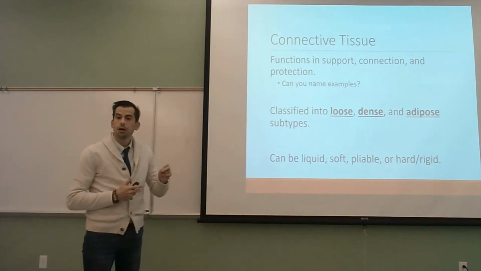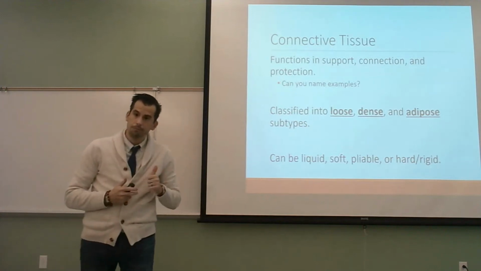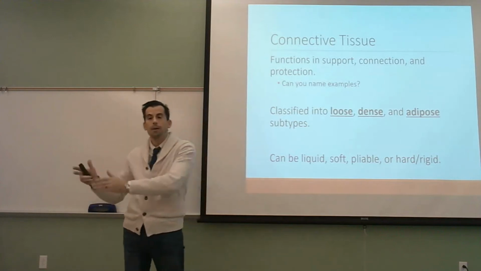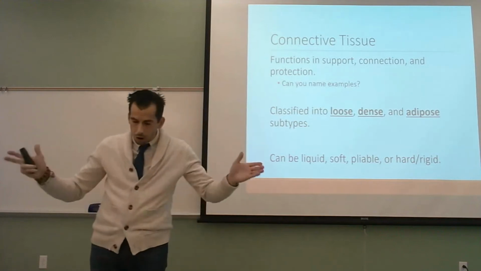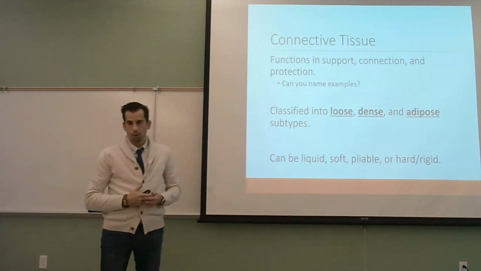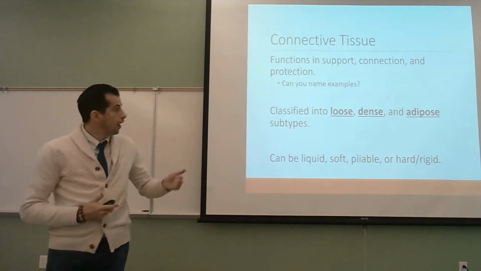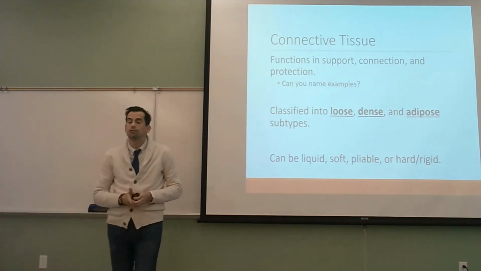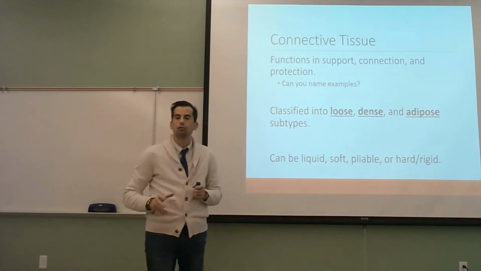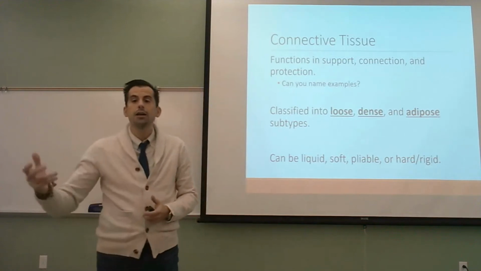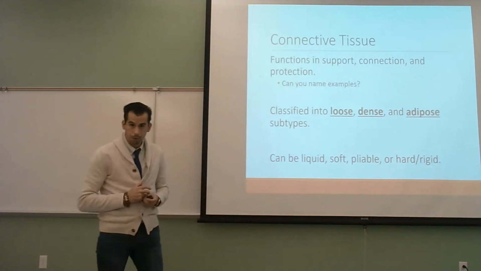There has to be a cellular component. Now, that doesn't mean that the cells we see in blood, cartilage, and bone are the same type of cell, but all across that spectrum, we have a cellular component. There has to be a fibrous component. And just like the cells, it doesn't mean the fibers that we see in one type of connective tissue will be exactly the same type of fibers we see in another type of connective tissue.